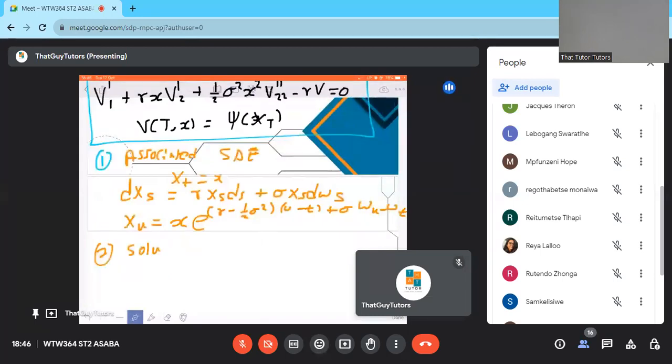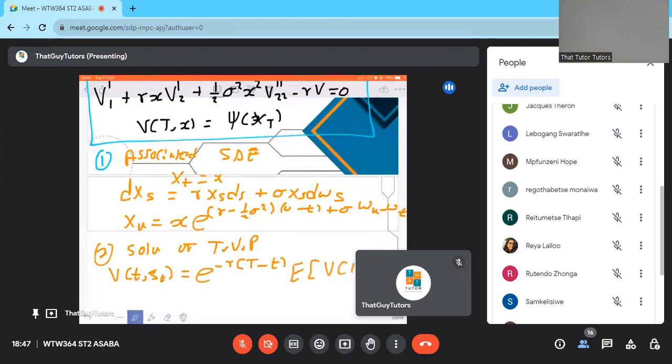When you solve it, you are going to find that V of t of x, in this case I can just say s, is going to be equal to e to the minus r (T minus t), and then the expectation of V of capital T, of X of T. So this would be the solution using the Feynman-Kac method.